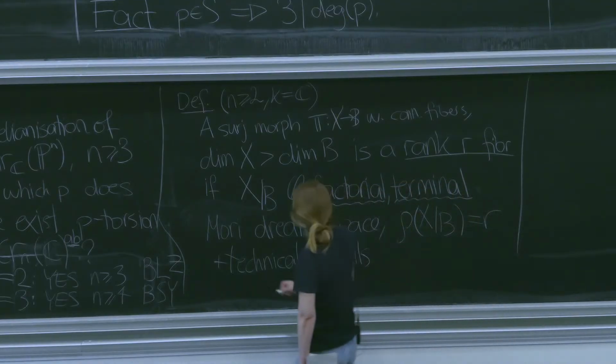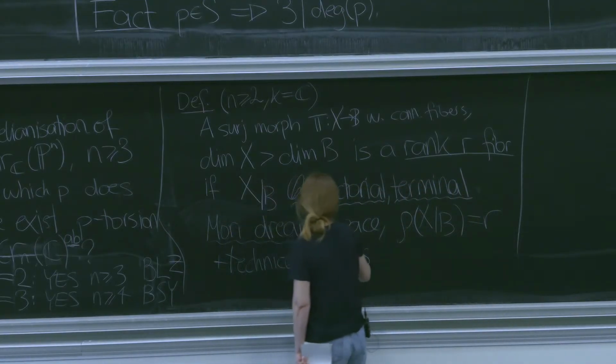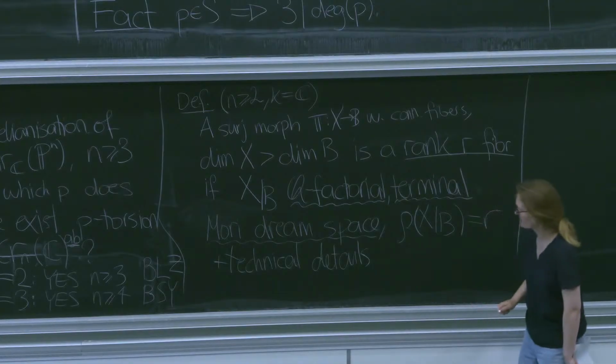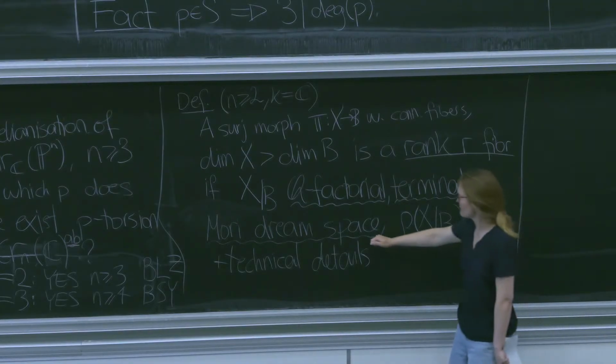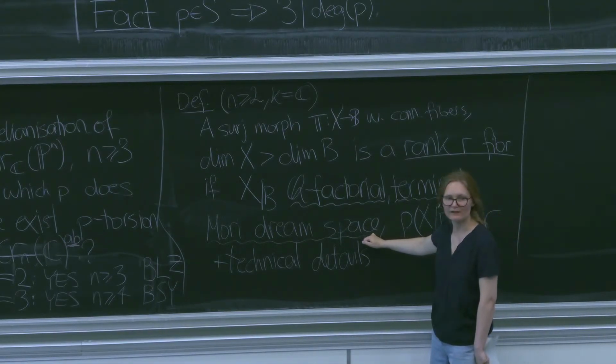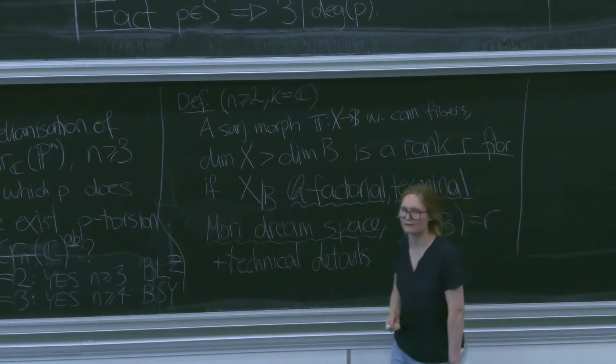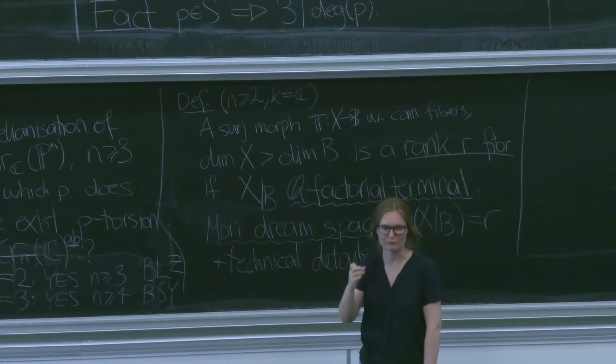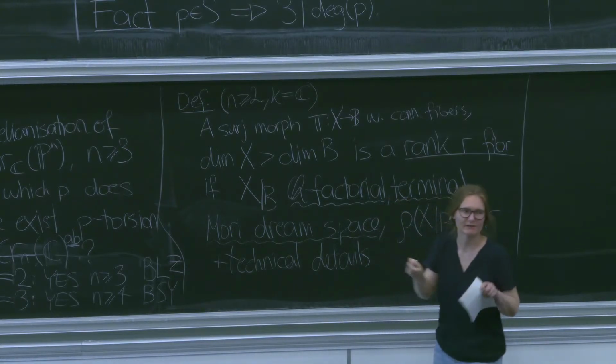And Mori dream space. If we have this, then one can run any MMP, and one gets only finitely many outputs. So this is a dream space in the sense of the minimal model program. Everything works very nicely.